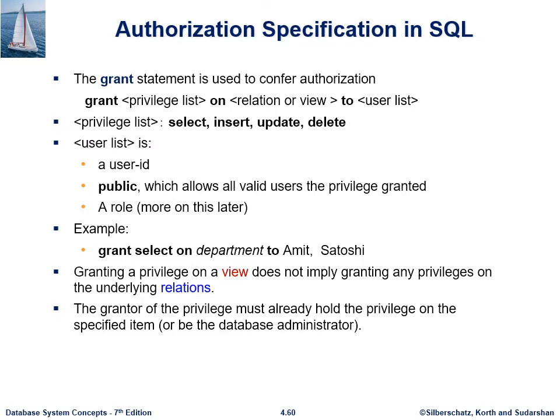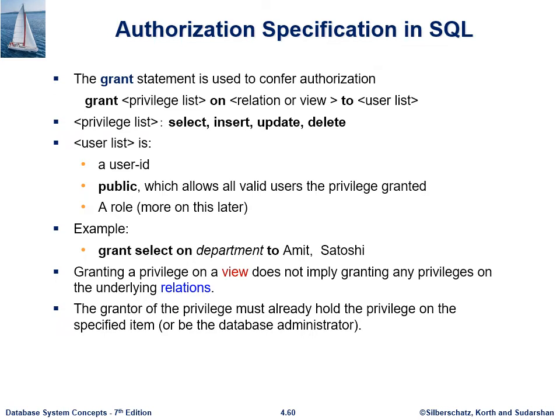Here it is about a table, but if we grant a privilege on a view, it only means we have the privilege to perform such operations on that view, but nothing related to the underlying relations.